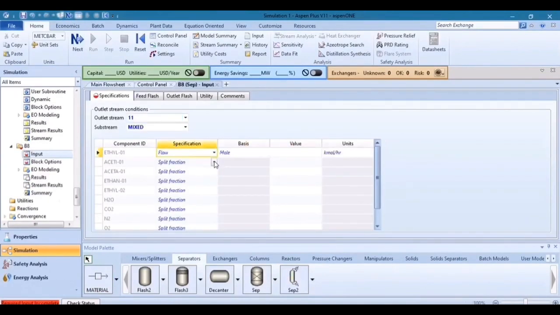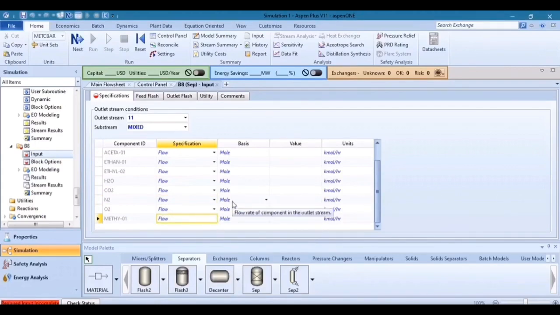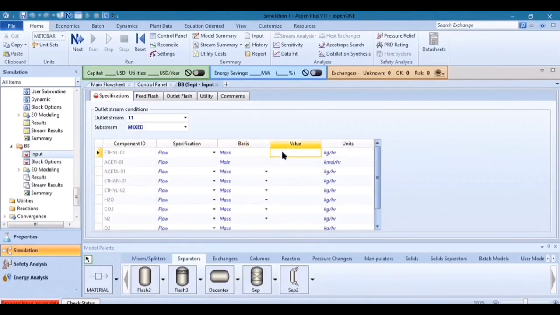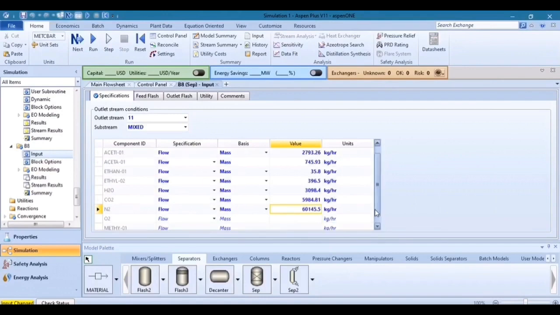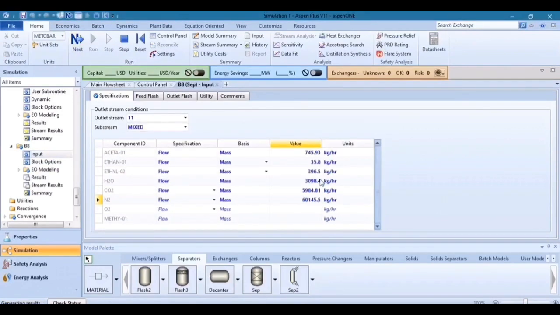In this section, the mass flow rate of selective components are inserted at the outlet stream. Click Next to run the simulation.